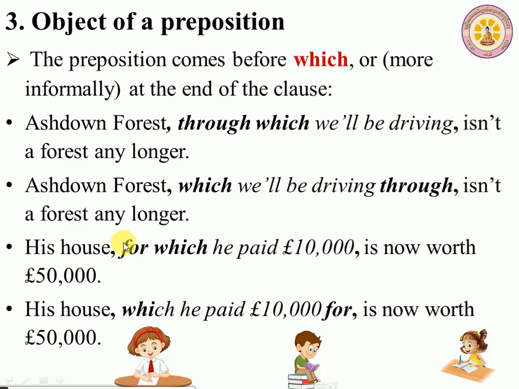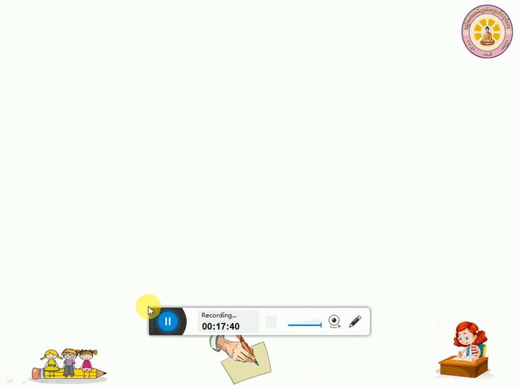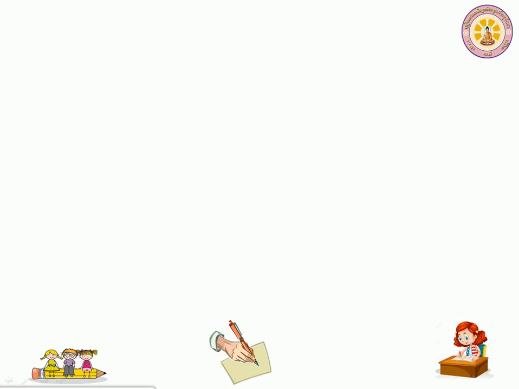We can place the preposition before the relative pronoun or at the end of the relative clause. But the first one is more grammatical, more formal. Okay, please continue.